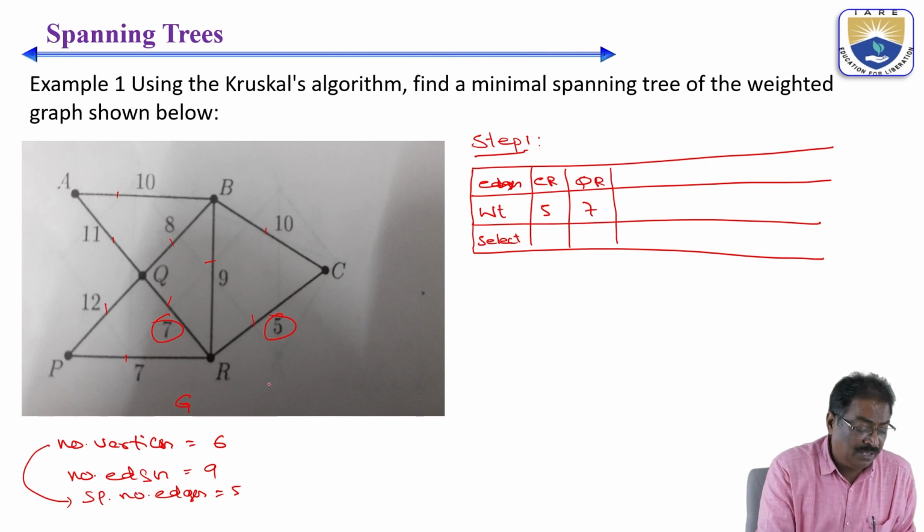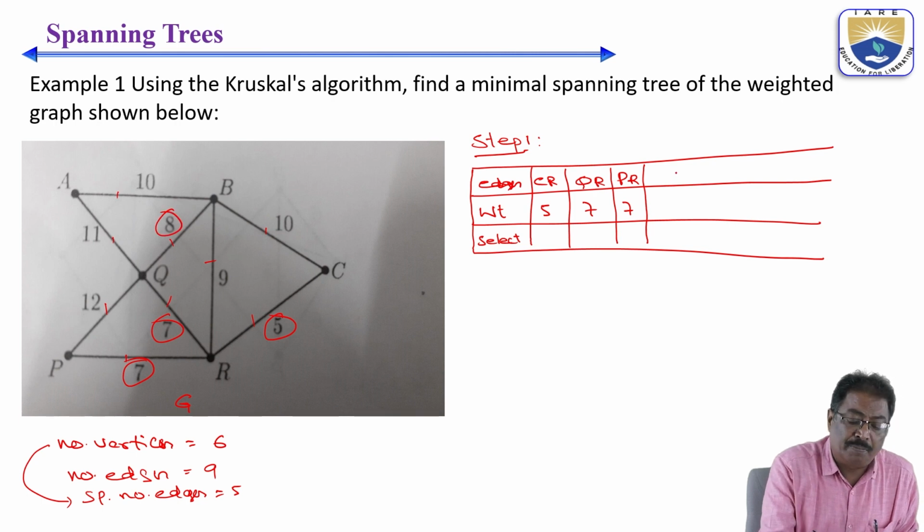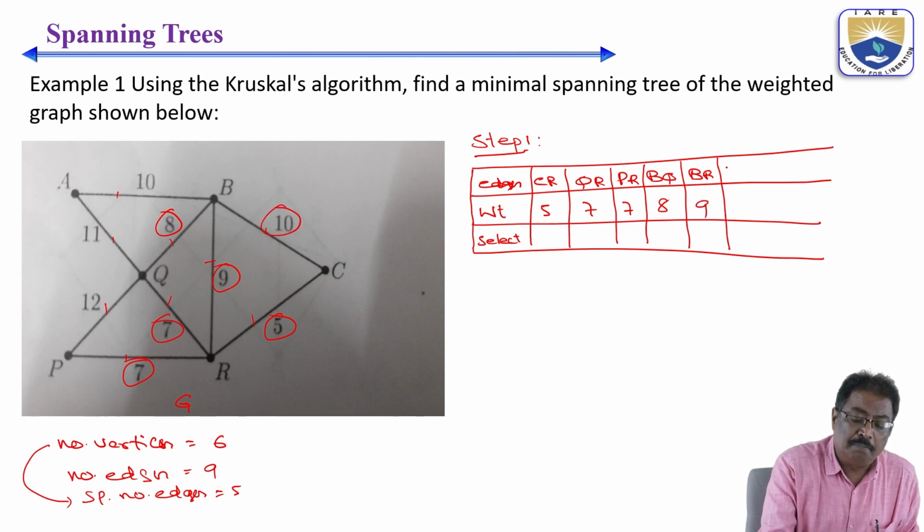Another 7 is PR. And next is 8, BQ. Next 9 is BR. Then 10 is BC.